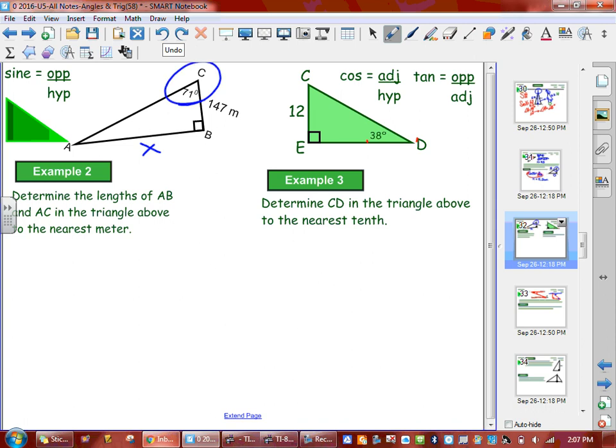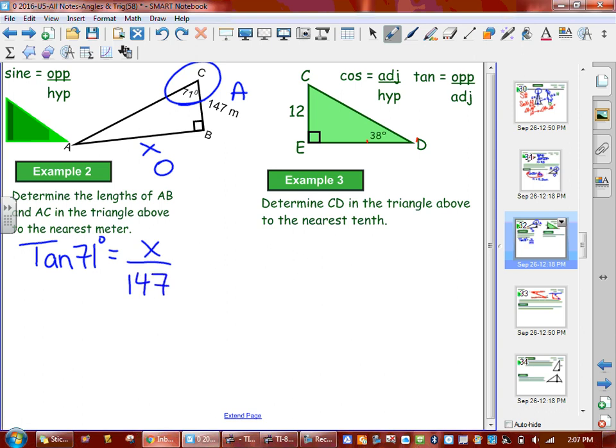Tan of 71 degrees equals x over 147. Again, x is on top, so the number off the bottom comes out front and multiplies. So we're going to get x equal to 147 times tan 71, which is 19.5.